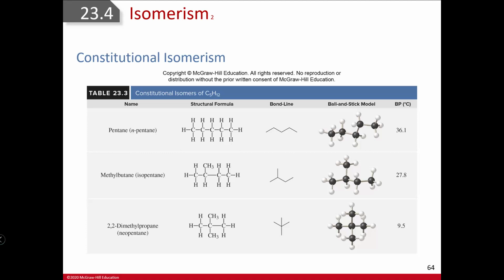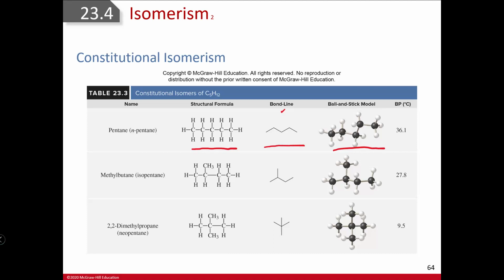We can represent it by the structural formula, the bond line model, and then a ball and stick model. Again, we've talked about the advantages of each of these models, and I think you'll see a lot of the bond line model.